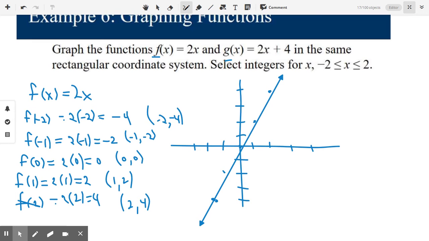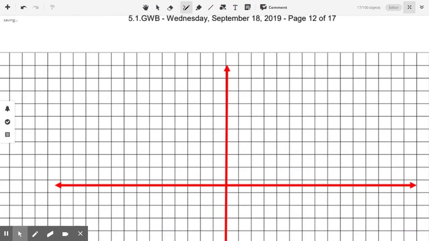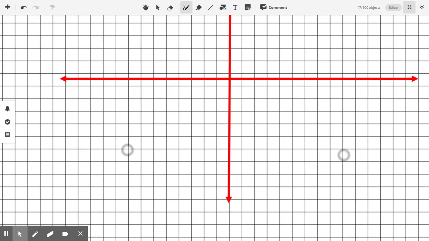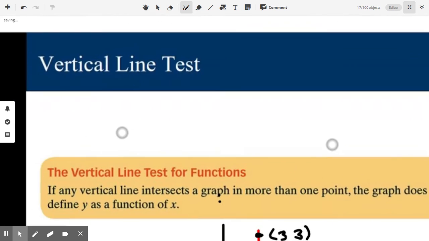But we would go through and do the same thing for this one, substitute in -2, -1, 0, 1, and 2, and we could get our second line. I'm not going to go through that. I think we should have that down pretty well. Well, there's our graph. I could have made things a little straighter, but let's go on.